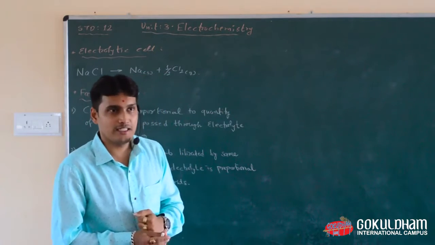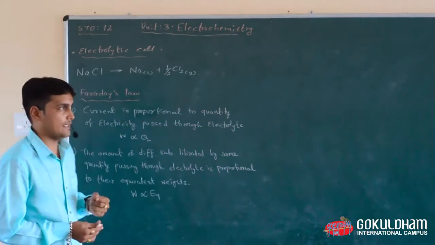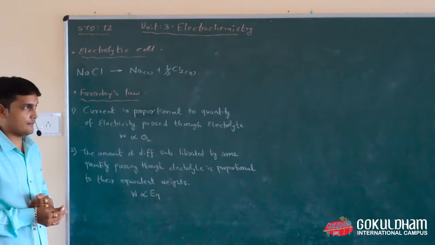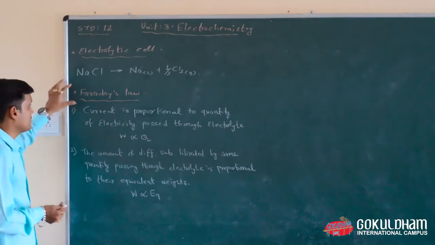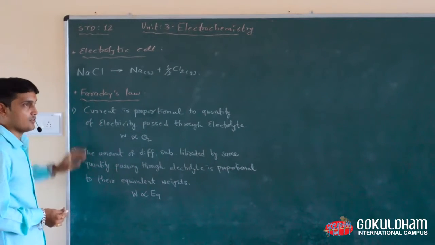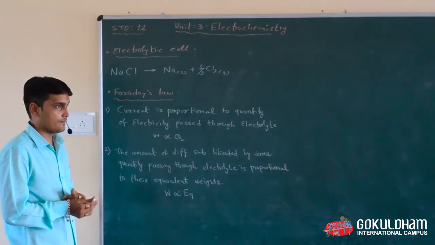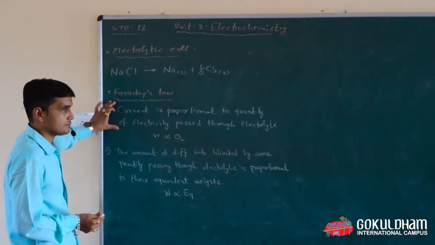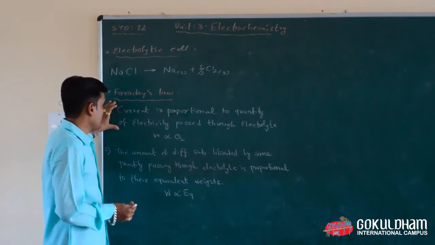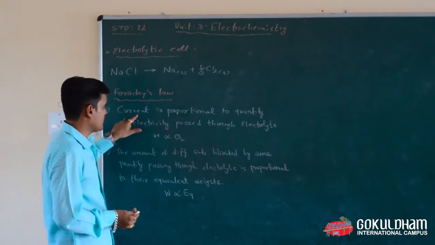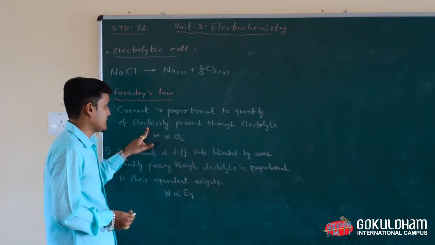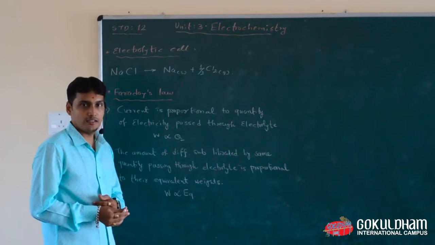In the electrolytic cell department, the scientist Michael Faraday gave two rules about the quantity of current. The first rule of Faraday is: in electrolytic processes, the amount of product is directly proportional to the quantity of electricity passed through the electrolyte.